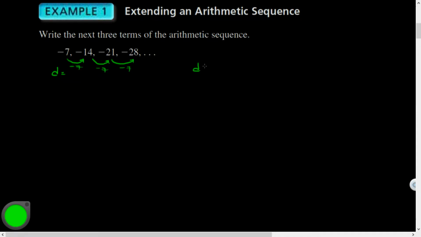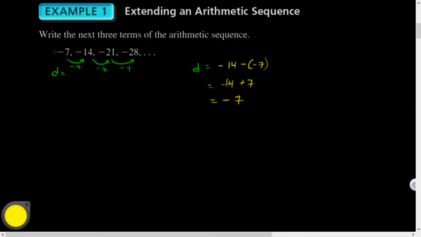Another way I can find the common difference is by subtracting any 2 consecutive, that is side-by-side, terms. If I do negative 14 minus negative 7, I get negative 14 plus 7, which is negative 7.